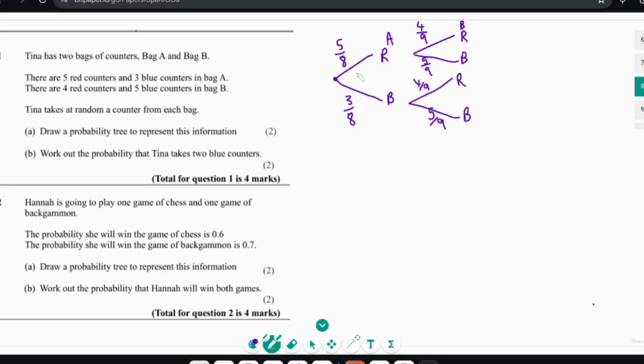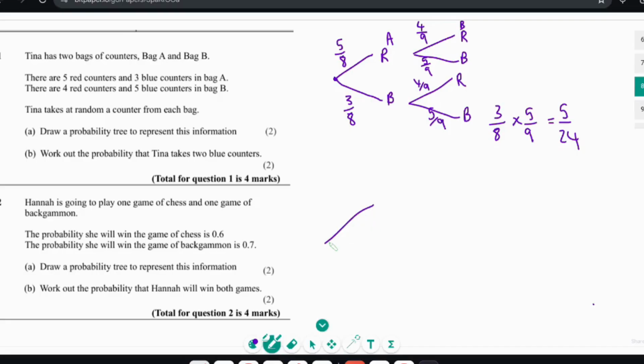Work out probability she takes 2 blue counters. Blue and a blue is the bottom part of our tree. So 3/8 times 5/9. 5/24.